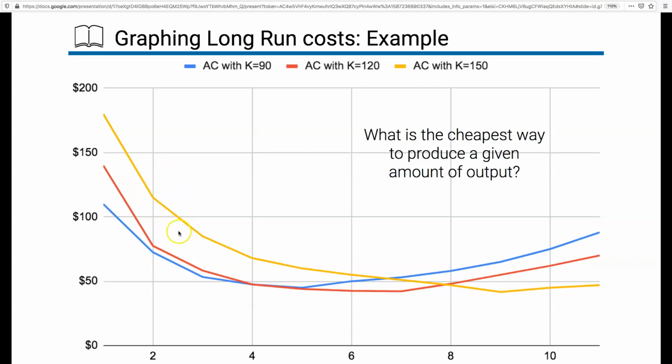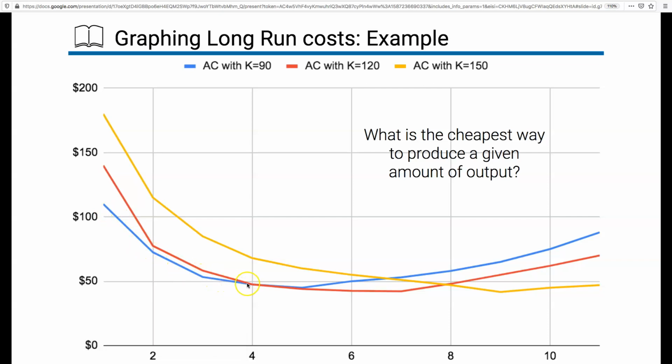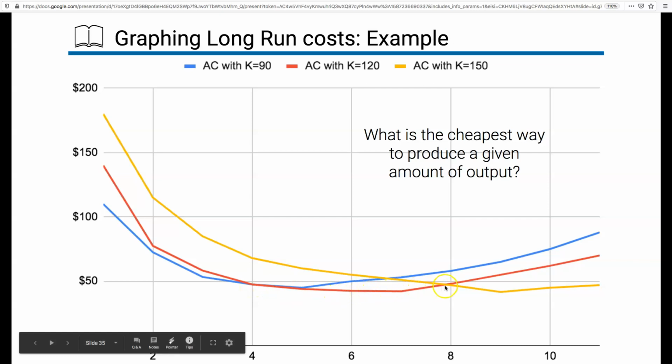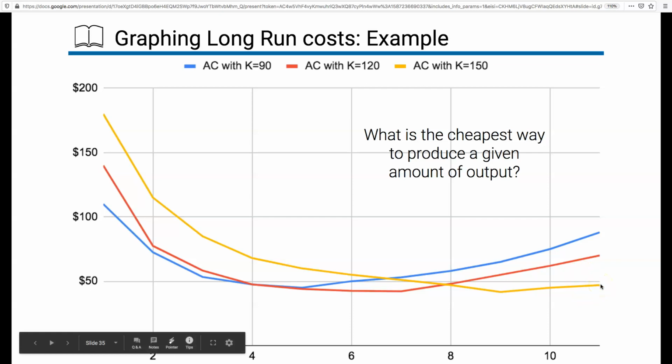So the cheapest way to produce small levels of output is to use a small level of capital, following the blue line. Once we get to 4, the cheapest way to produce becomes the red line, because the red line is now the lowest among the 3 levels of capital we're considering. Once we get almost all the way to 8, it's the yellow line that is the lowest and so has the cheapest costs of output.